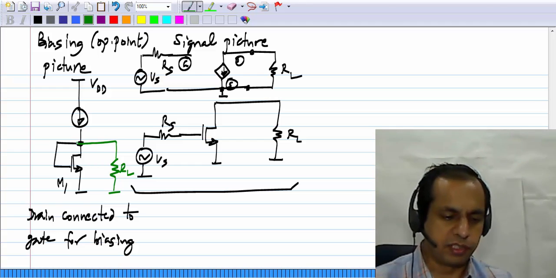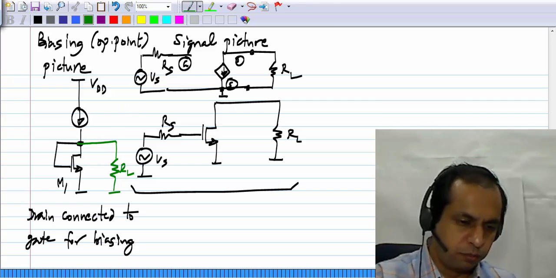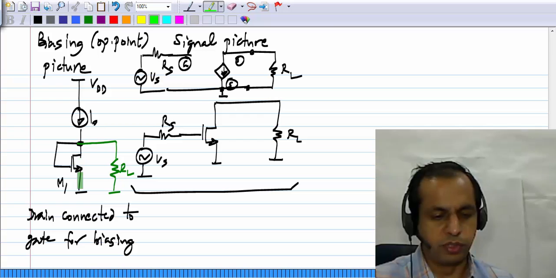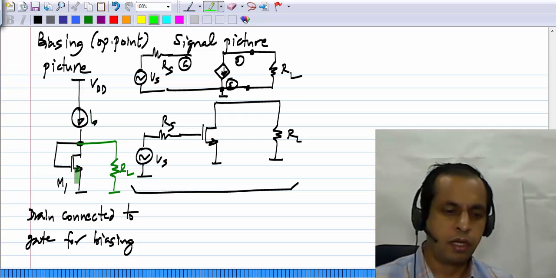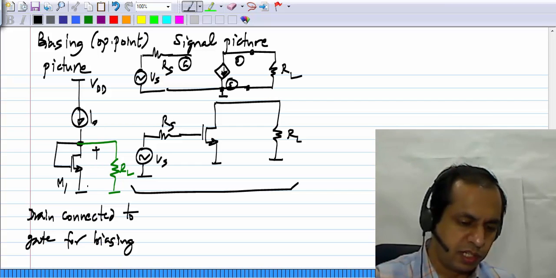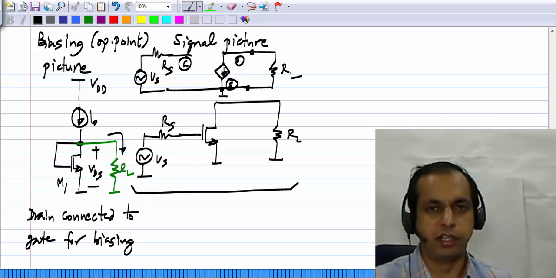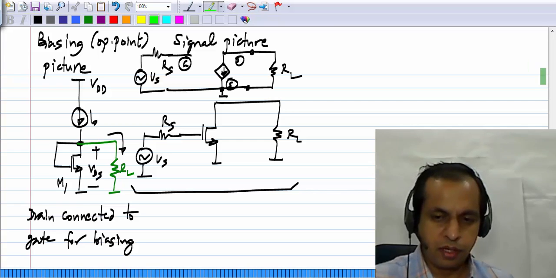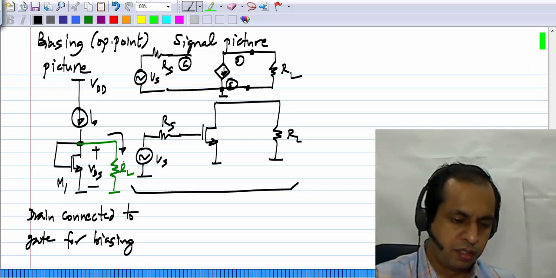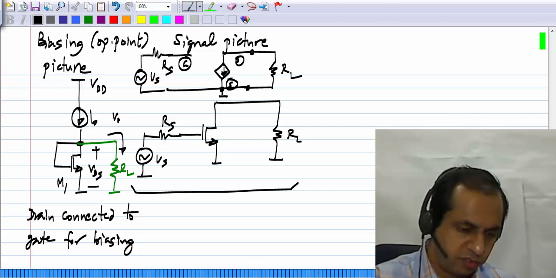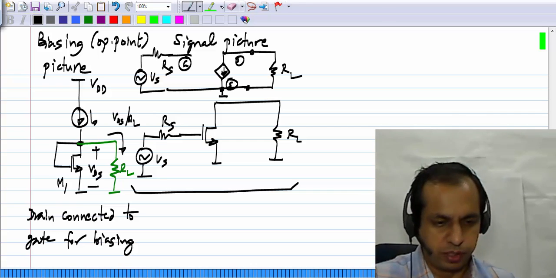One problem that is immediately evident is that we wanted this current I0 to flow through the drain of the transistor. The drain current has to be equal to I0. But in this case, what happens? I have a certain value of operating point drain source voltage VDS, and that appears across RL. So VDS by RL will flow that way.